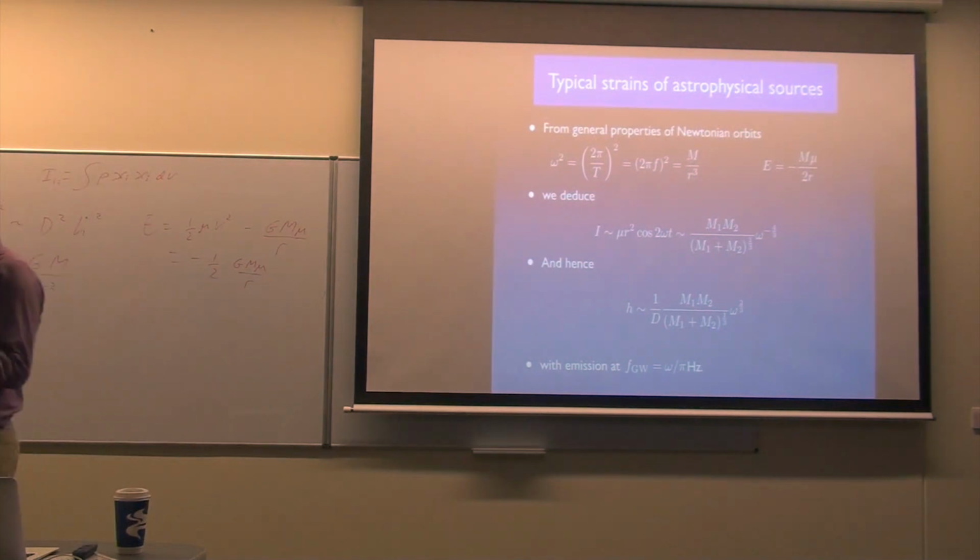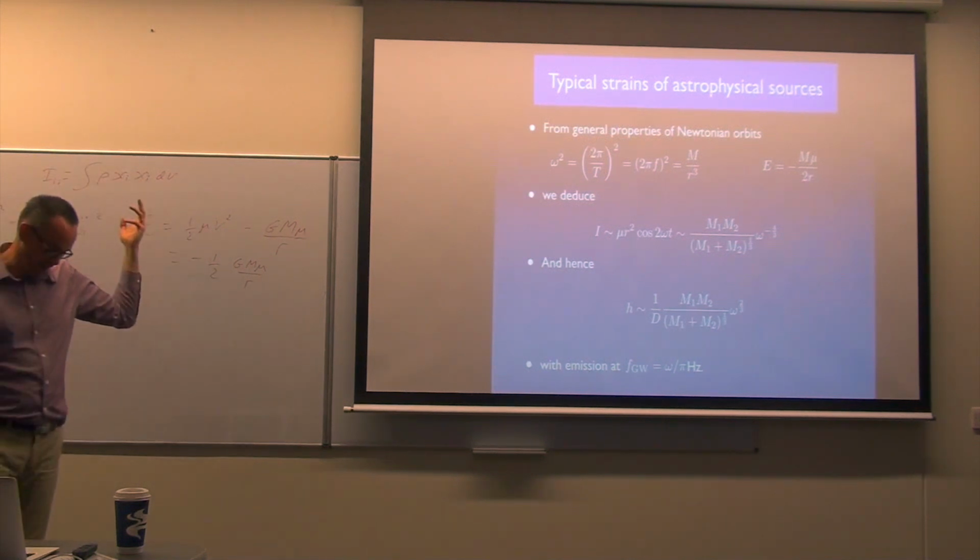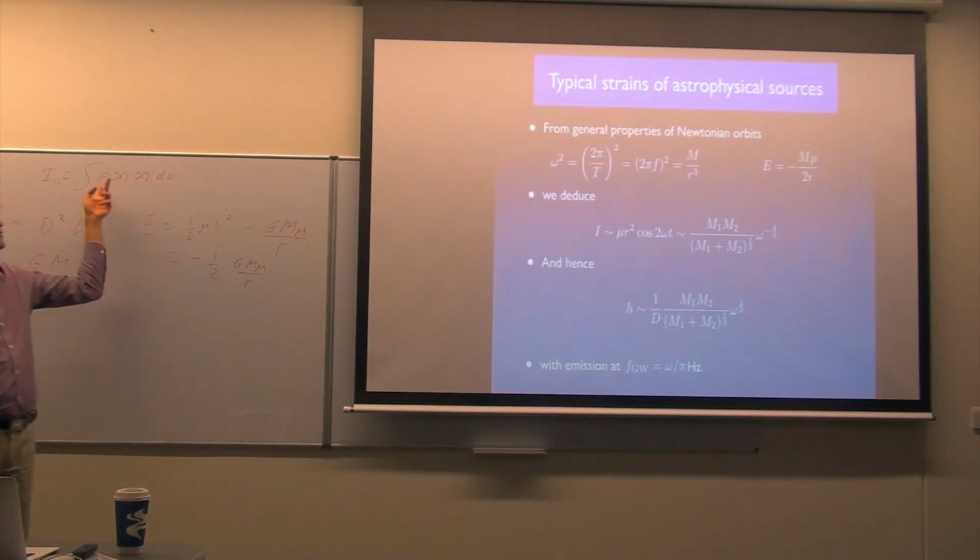We now want to work out what the amplitude of a gravitational wave is, and for that we need to work out what the quadrupole moment is. So the quadrupole moment is the integral of rho x_i x_j dV.